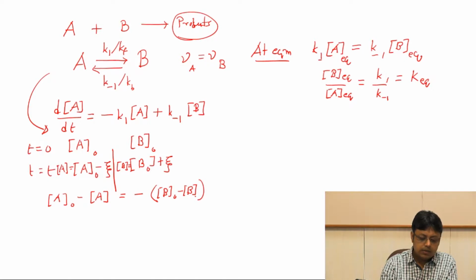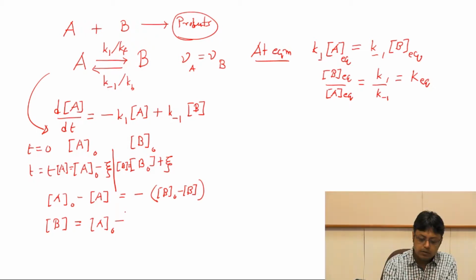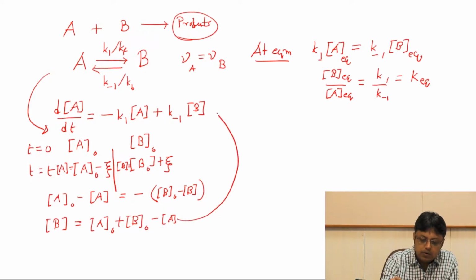Now it follows that B can be expressed in terms of A, and that is B equals A0 plus B0 minus A, because the B0 has a negative sign and we take it into the left hand side. Now this expression you can put back here to get an expression of the rate.